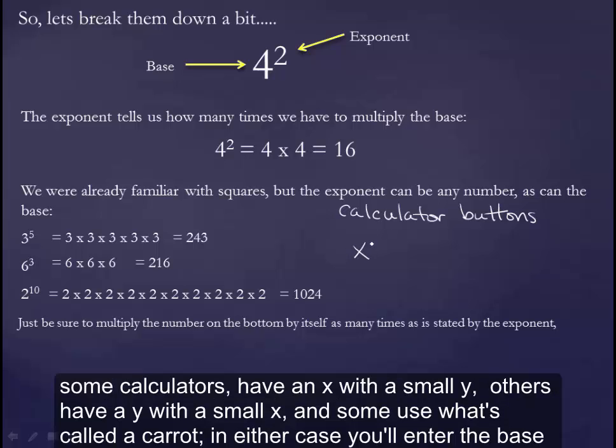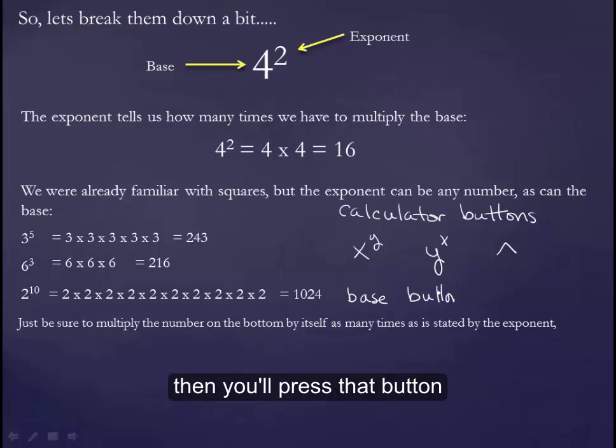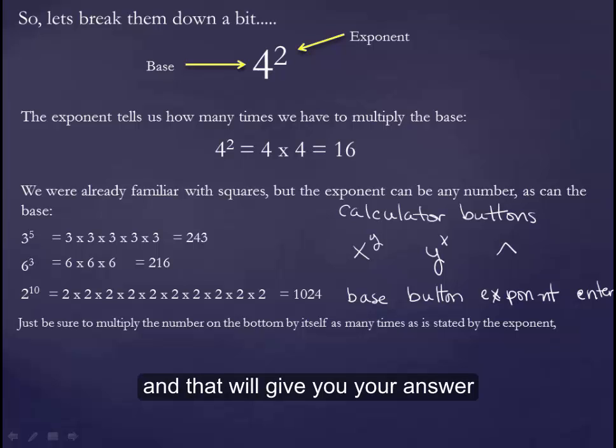Some calculators have an X with a small y, others have a Y with a small x, and some use what's called a caret. In either case, you'll enter the base, then you'll press that button, then you'll enter the exponent, and then you'll press enter, and that will give you your answer.